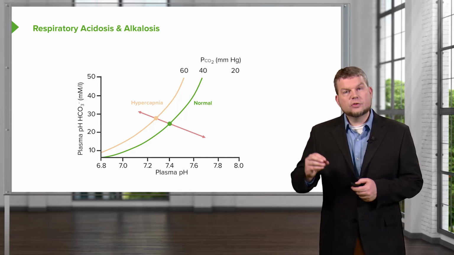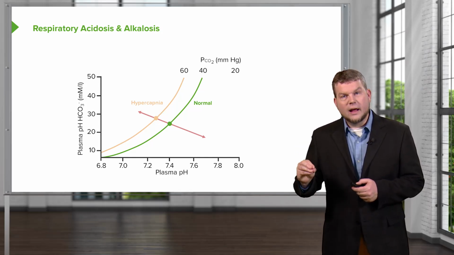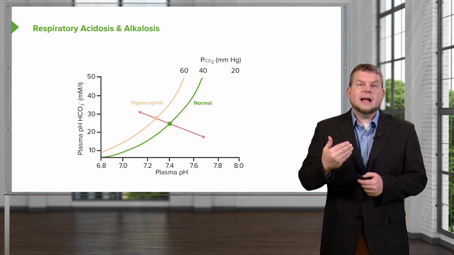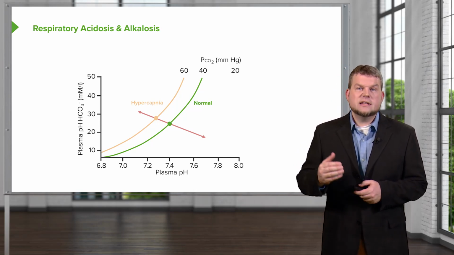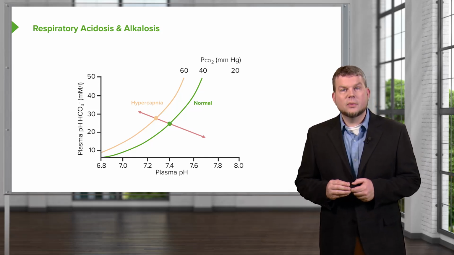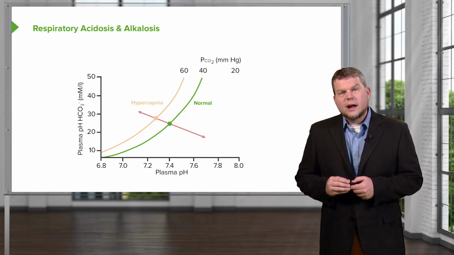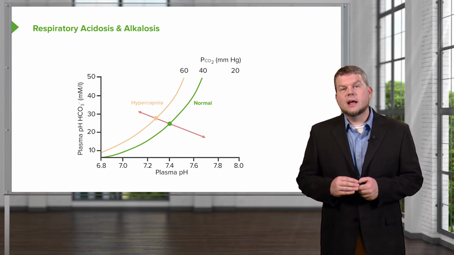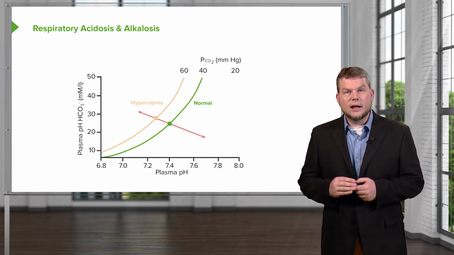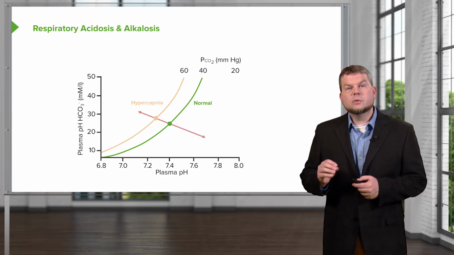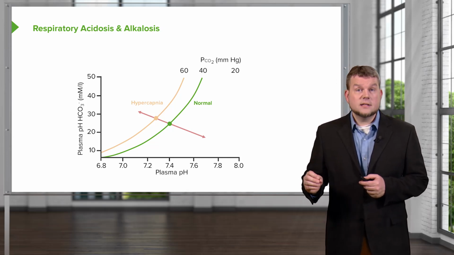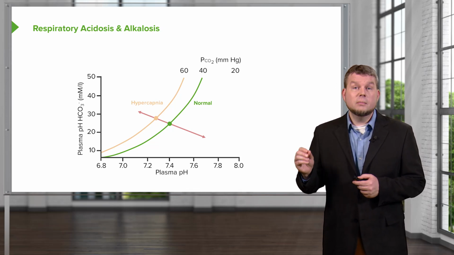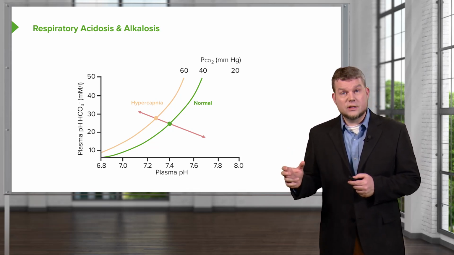So in this case, you're traveling from the normal line, which is the green dot, up to the hypercapnia line, which is now at 60 millimeters of mercury. We travel up via a linear line. That linear line is known as the blood buffer line. That blood buffer line was previously defined for us as 25 millimole per unit of pH.